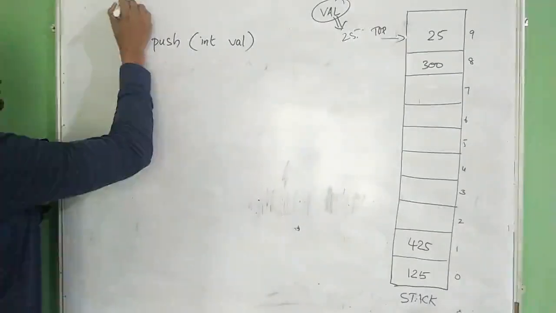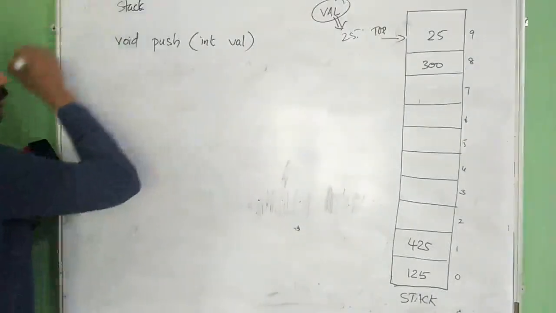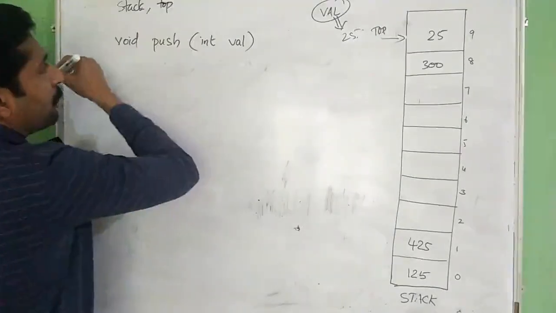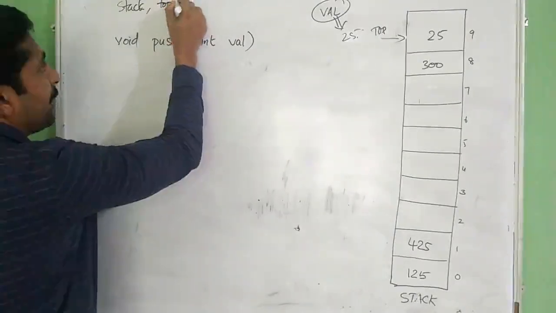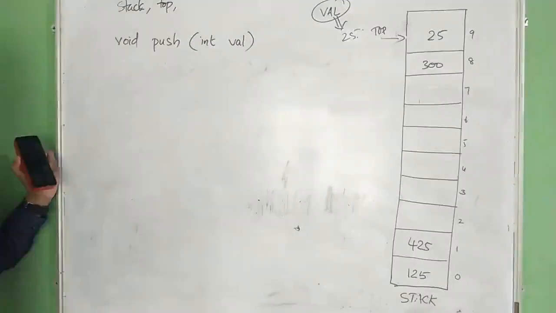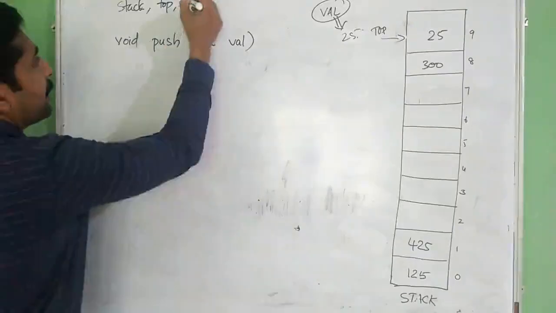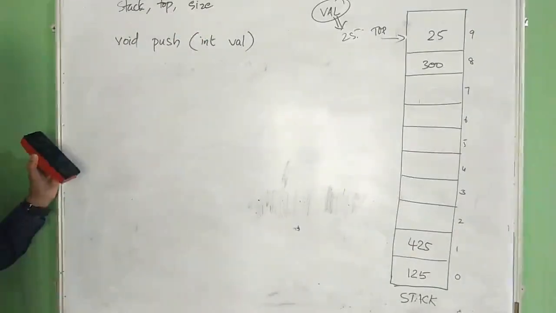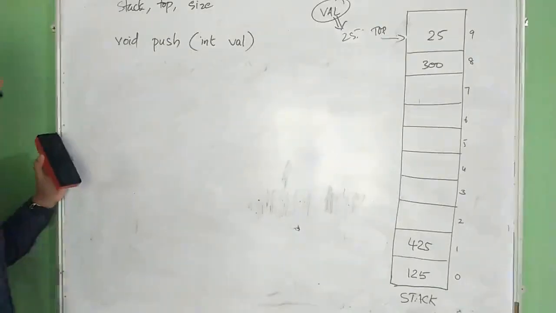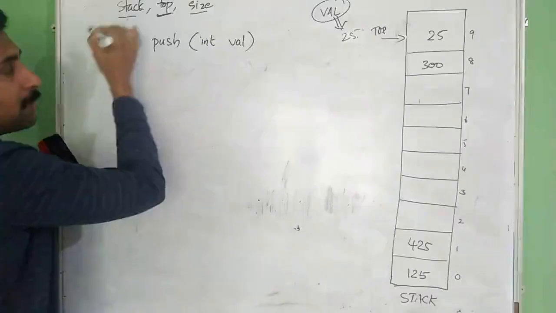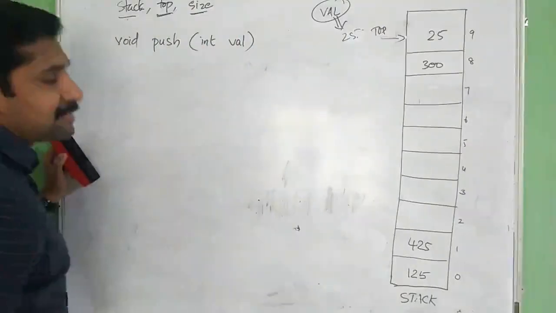Suppose stack is our array, top is initialized to -1 and it is a global variable, and the size of the array is also a global variable, also initialized. So all these are global: a global array, global variable top, global variable size.